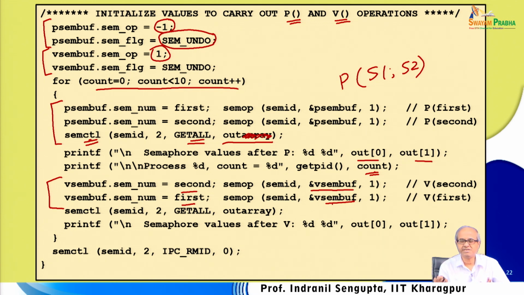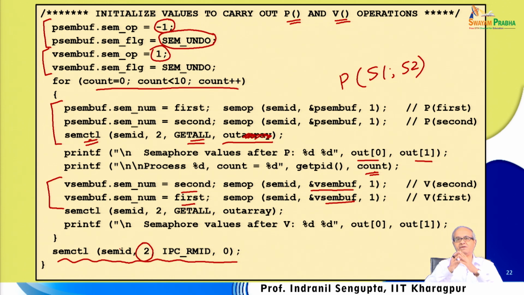So, this is roughly how you can carry out semaphore operations in C: creating the semaphores, defining the P and V operations, specifying how many semaphores are there in the group, and at the end, when you are done, you can remove or delete all the semaphores. SEMID was the semaphore ID, there are 2 semaphores under that, delete everything. In this way your entire semaphore set gets deleted.